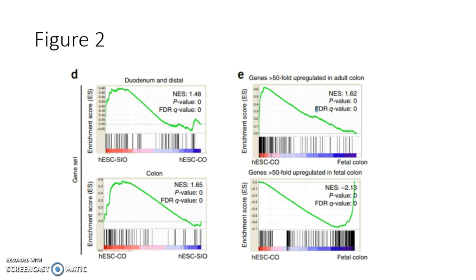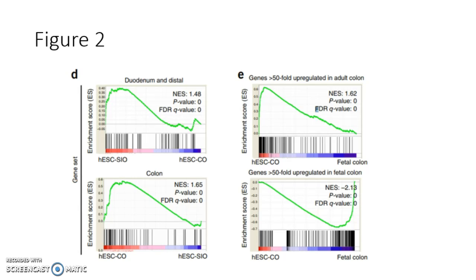Furthermore, gene set enrichment analysis, GSEA, showed that the gene set highly expressed in human colon is highly enriched in the embryonic stem cell derived version. They also compared the expression profiles of embryonic stem cell derived small intestine organoids and colonic organoids with those previously reported for organoids derived from adult human duodenum, ileum, colon, and rectum.